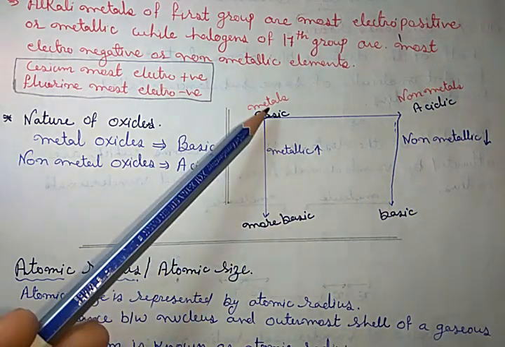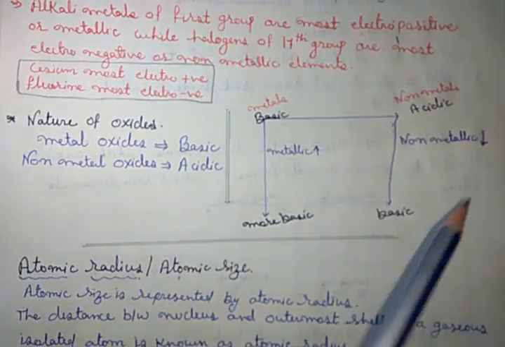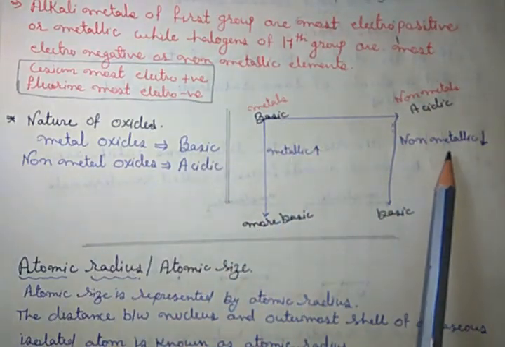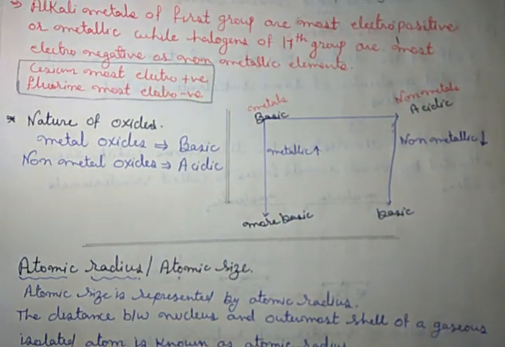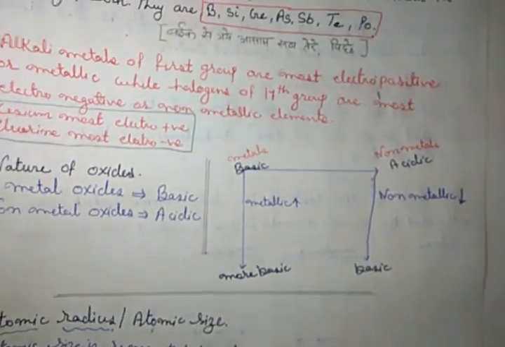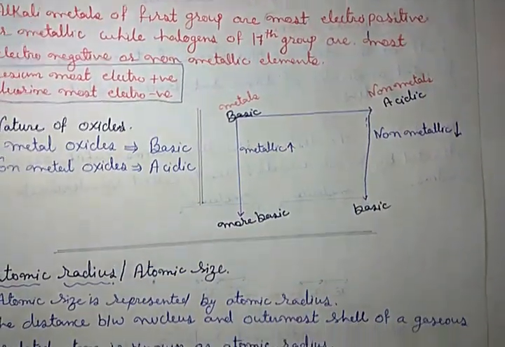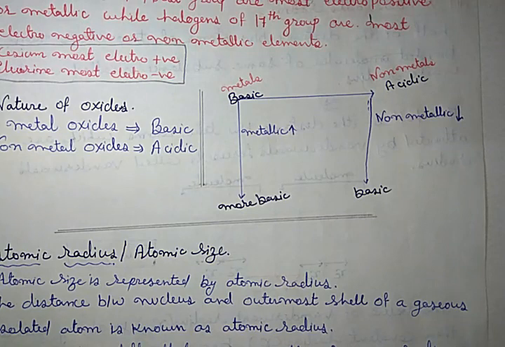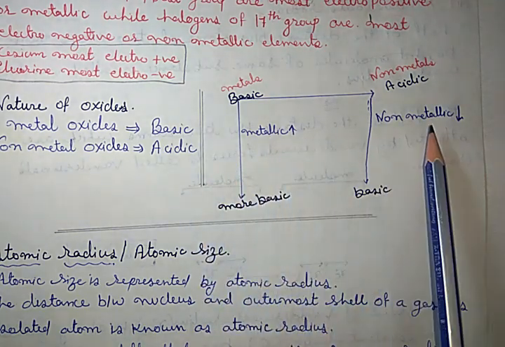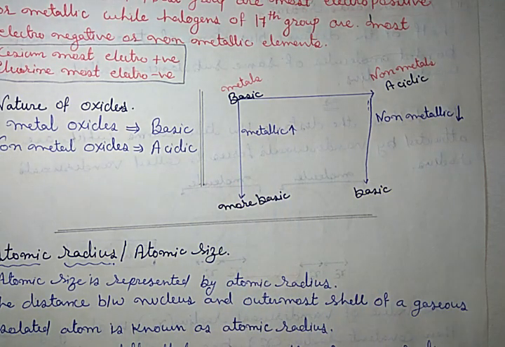Clear? As we move down, metallic properties increase and non-metallic properties decrease. As we move down, that means we move to the lower side of the periodic table, metallic properties increase and non-metallic properties decrease.